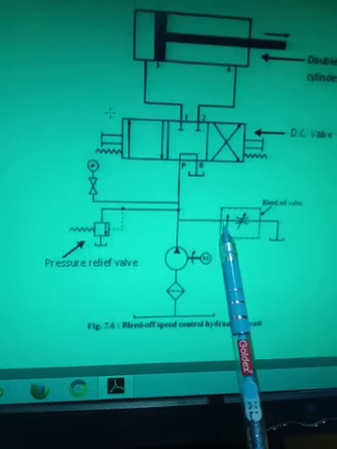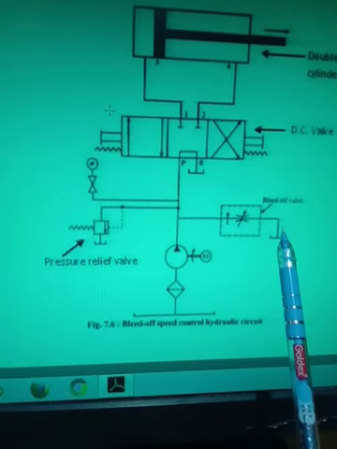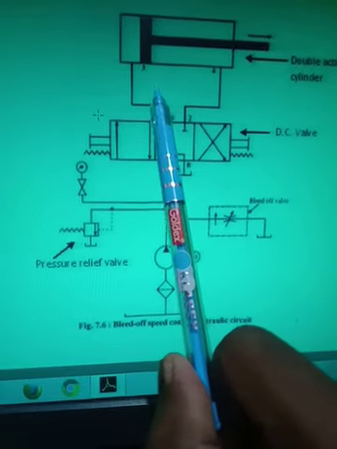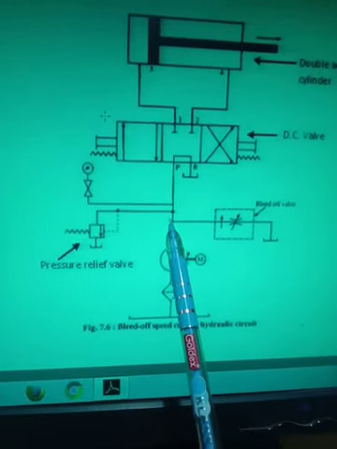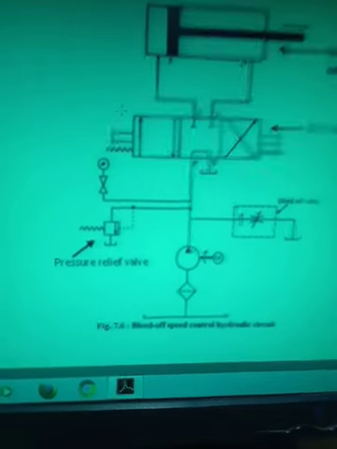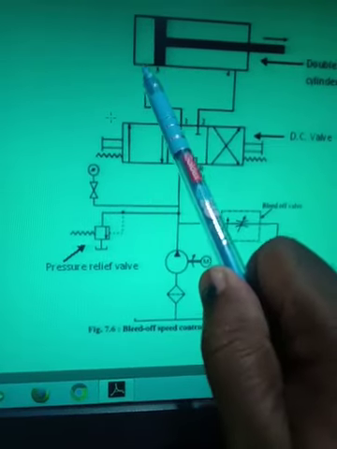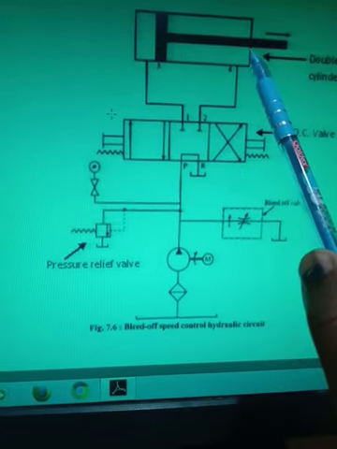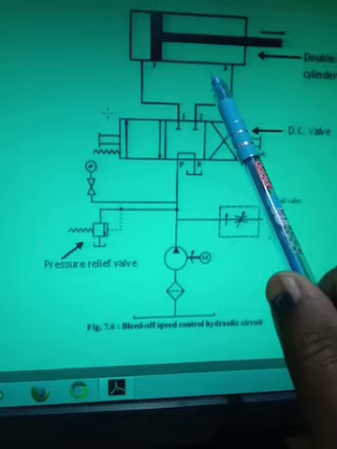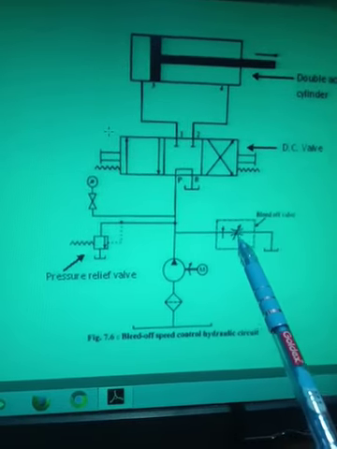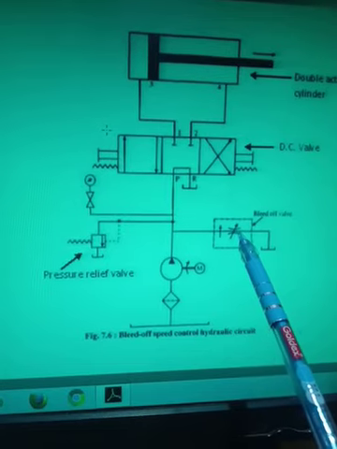Now when I take out some amount of oil through this flow control valve before going to the direction control valve, automatically what will happen? The amount of oil going to this A port will be less, and as the amount of oil is less, the speed of this actuator can be reduced. Now suppose I put this flow control valve at 50%.